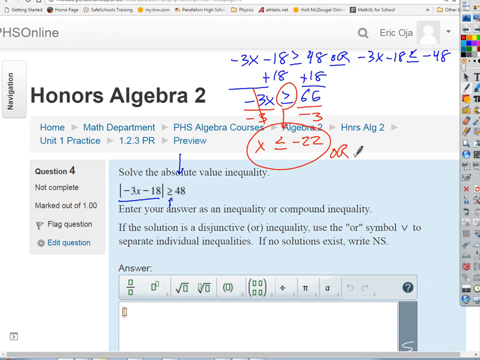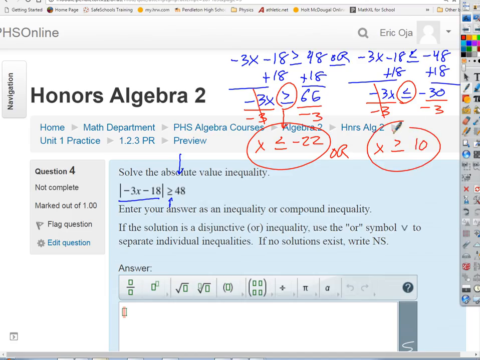Or, over on this side, add 18, I get negative 3x is less than or equal to negative 30. Divide each side through, once again, by negative 3, so I've got to reverse the inequality sign, and get x is greater than or equal to positive 10.